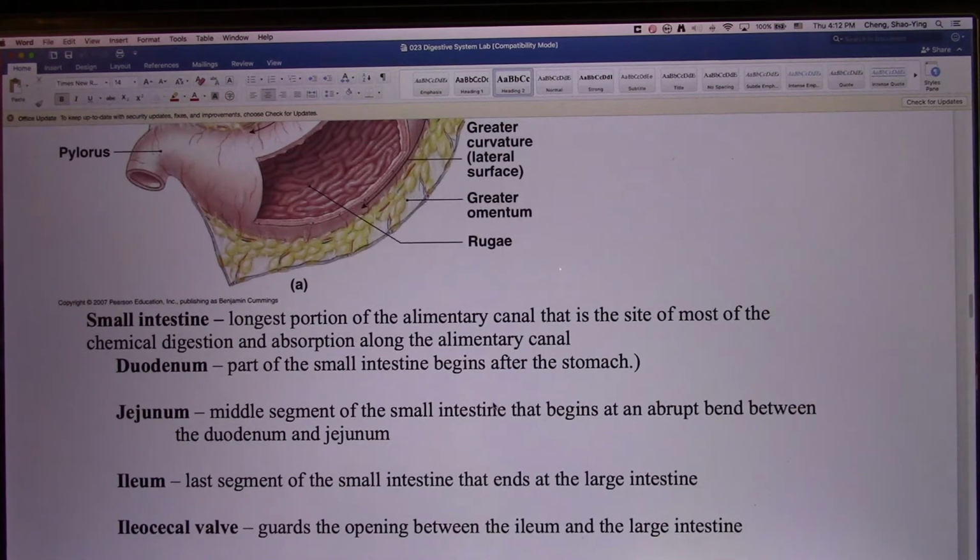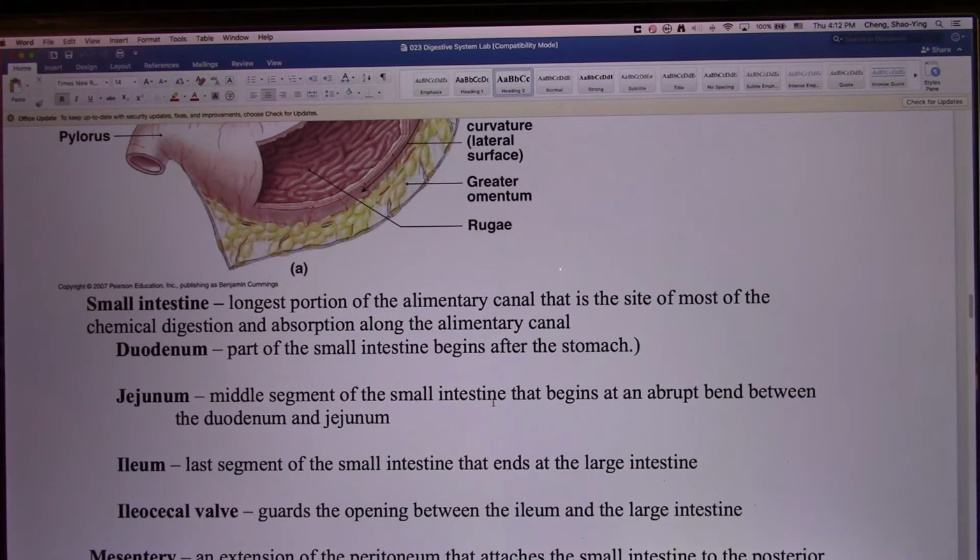The small intestines are about 7 meters long and can be divided into three different parts: the duodenum, jejunum, and ileum. The duodenum is about 12 fingers, or 12 centimeters, long. That's a very short distance, and it's the last place for digestion to happen. The jejunum and ileum are for absorption.